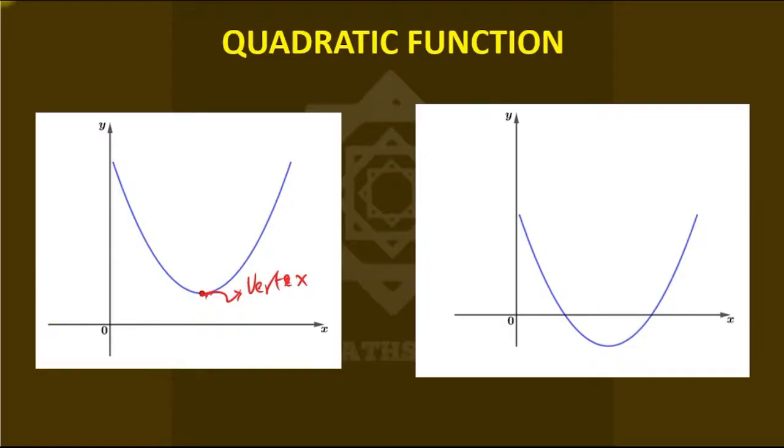So let's call the coordinates H and K. Here is H, the Y coordinate is K. So any quadratic function given the vertex is always Y equals A times (X minus H) all squared plus K, where H, K is the coordinate of the vertex, and A is a constant.